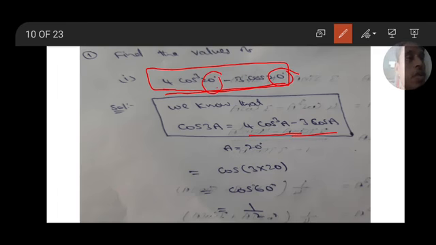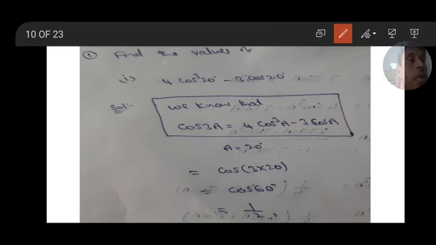This equals cos 3a, since cos 3a equal to 4 cos cube a minus 3 cos a. Therefore cos 3 into 20, cos 60, which has the value 1 by 2. That is the answer.